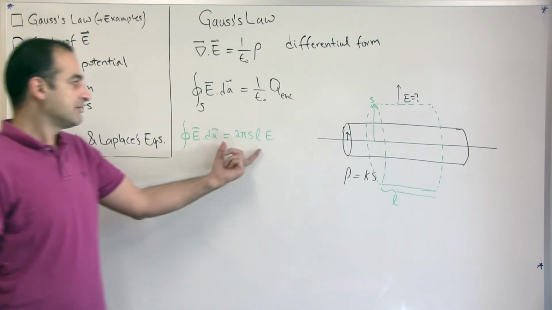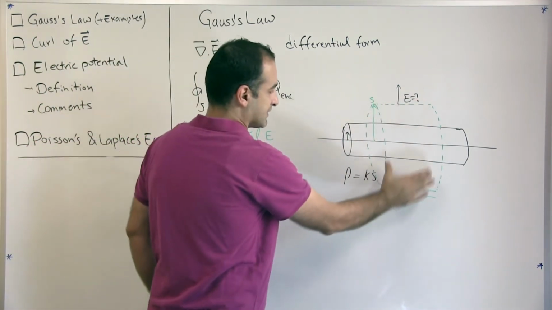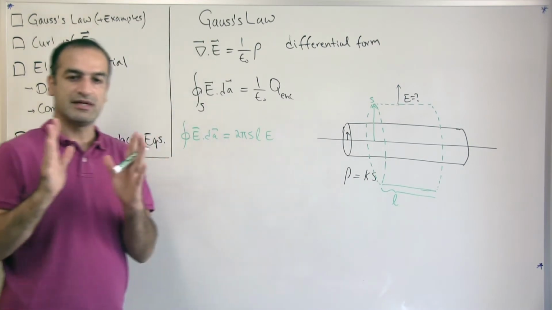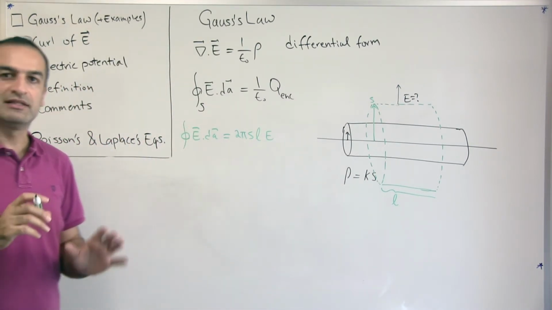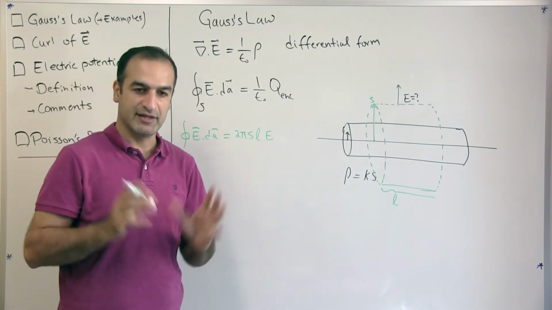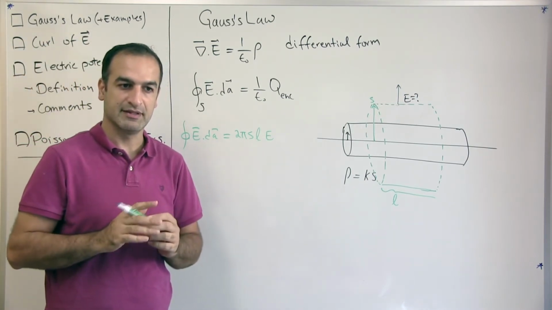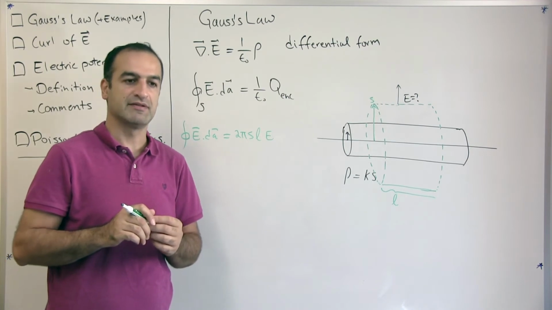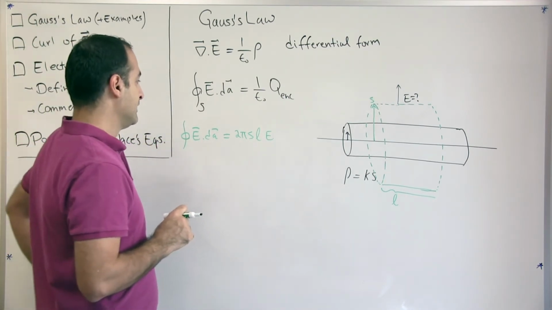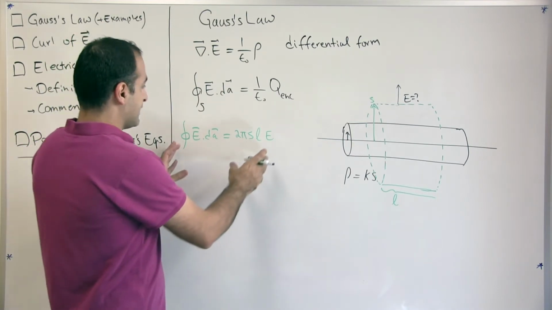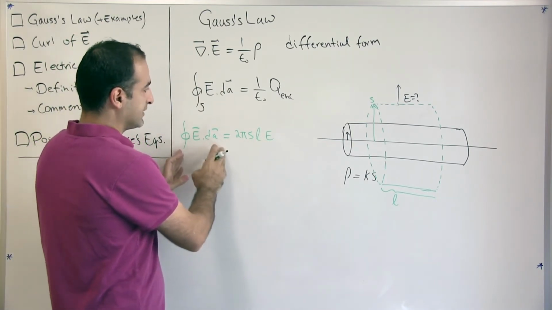So 2 pi s L times E, and this solely comes from the curved surface of the cylinder. From the sides, there's no contribution, so we just forget about that part. Is it clear for everyone why it's 0 on the sides of the cylinder? It's just because of the direction of the electric field. Otherwise, the value is not 0. So this is what we get for the integral of E dot dA.